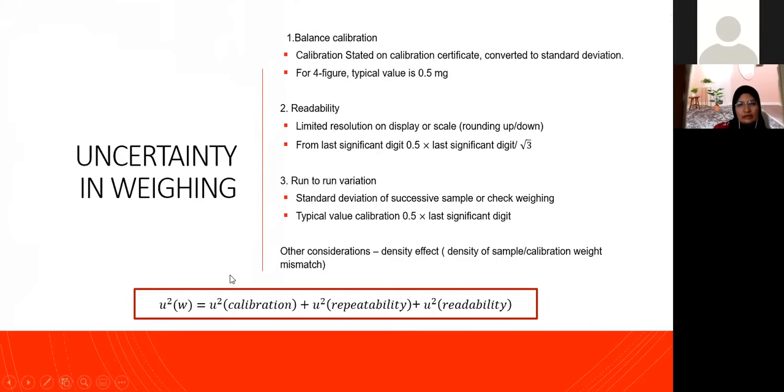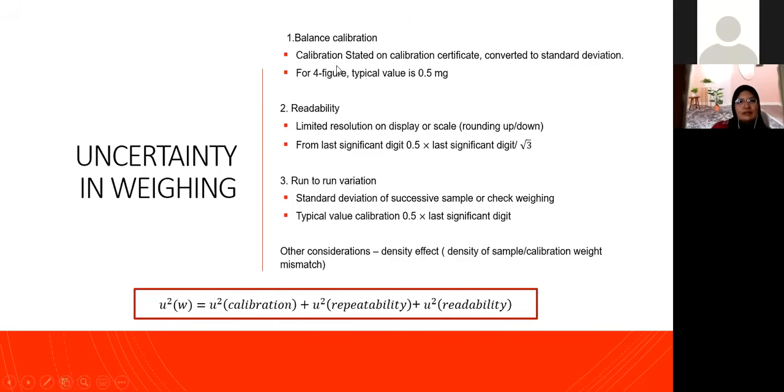So the total uncertainty of the weighing process is we combine the uncertainty in calibration, which you can get from the calibration certificate, plus the repeatability, which you do in your lab, replicate number of measurements, and the readability. Readability also sometimes we can get in our calibration certificate.